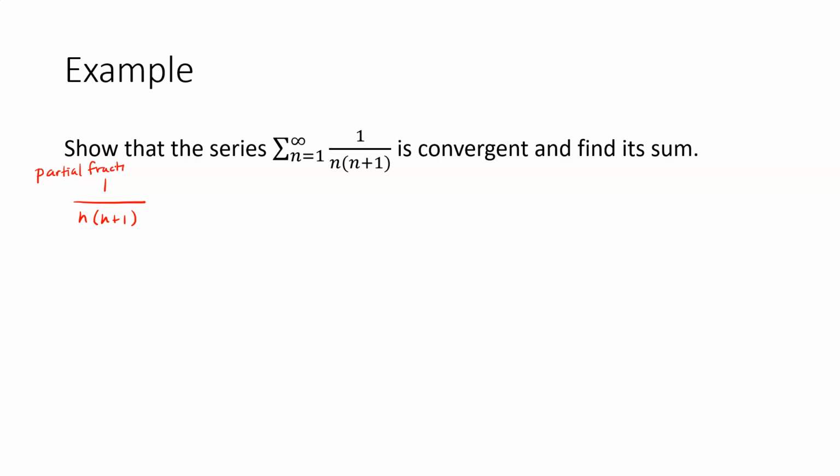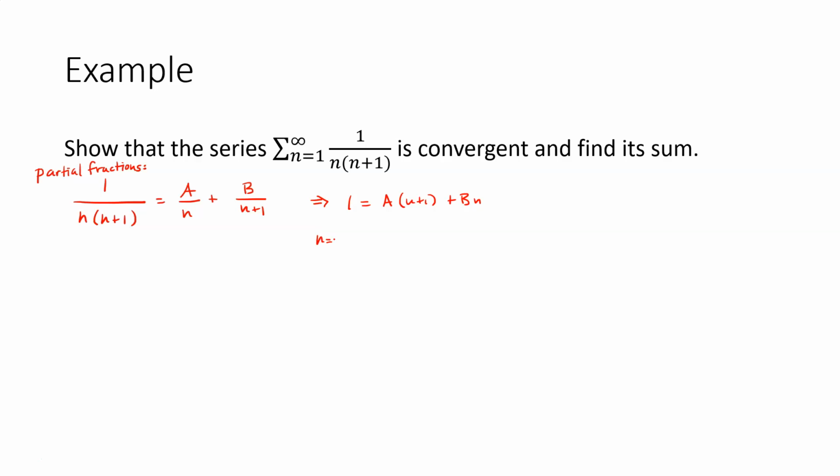And when we do that, we can then think about what the partial sums of the series are. So we know the form will be a over n plus b over n plus 1. And then clearing out the denominators, I have 1 equals a times n plus 1 plus b times n.